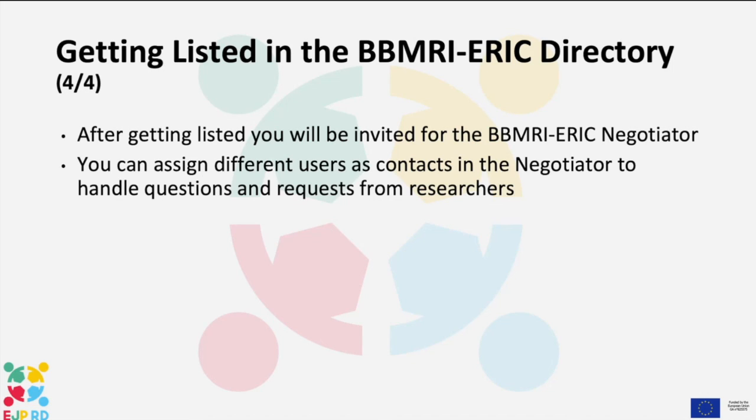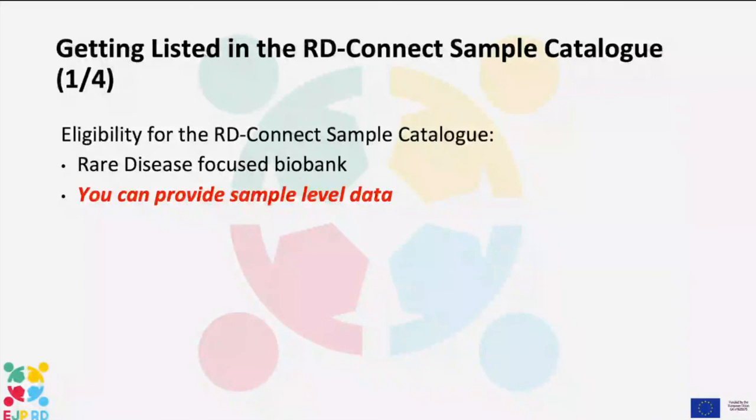For the ID Connect sample catalog, the process is a little bit different. The main requirements are that you are a rare disease focused biobank, and that you can provide sample level data. Because we show actual counts in the sample catalog, we really need to have the sample level data.